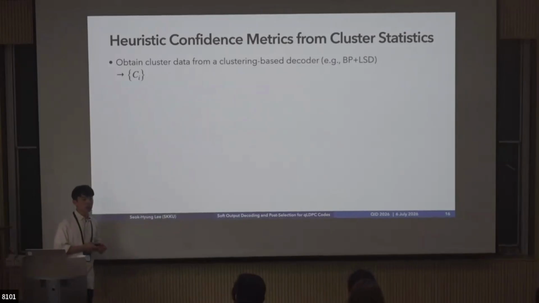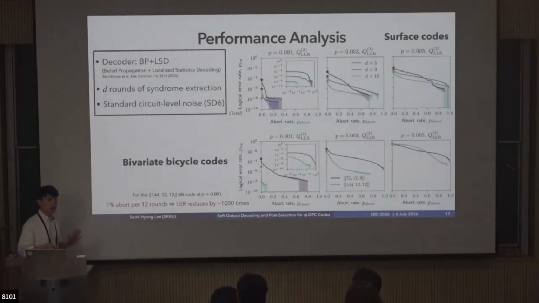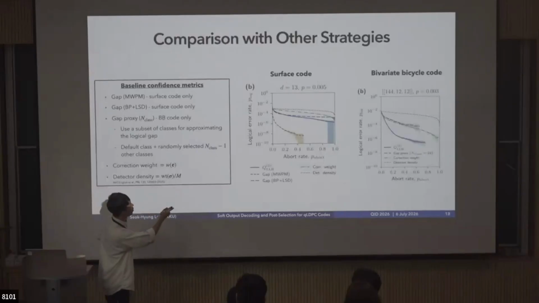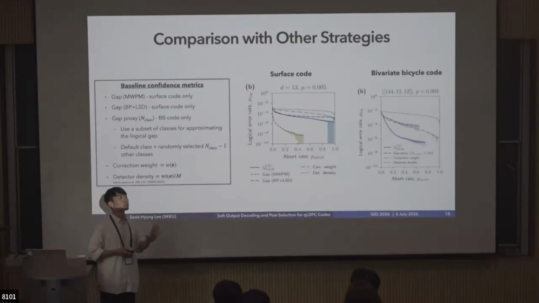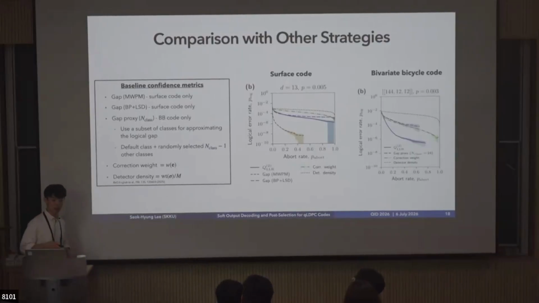Combining those three factors, this logical gap for minimum perfect matching is known to show a very high suppression rate, more than 1,000 times compared to other methods. Our strategy didn't mean to compete with the logical gap. We just wanted to construct a strategy that can be applied to an arbitrary quantum LDPC code.